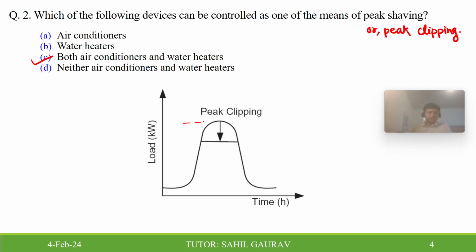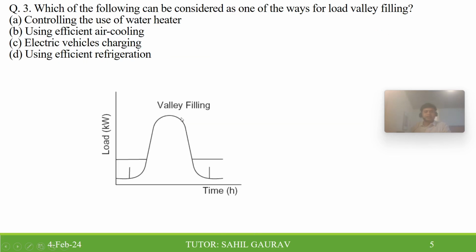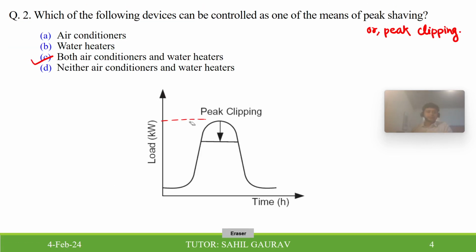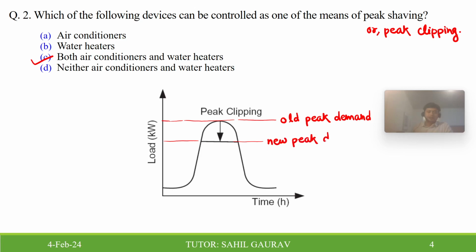So this one is the old peak demand, and after doing the peak saving or peak clipping, this will be the new peak demand.